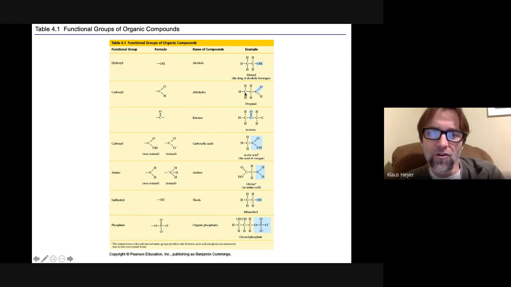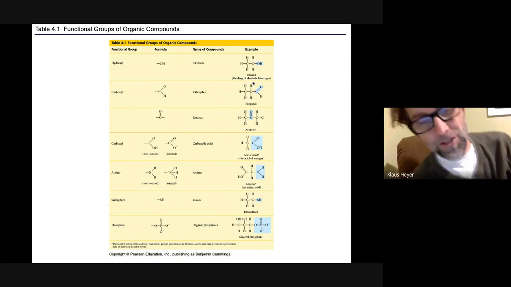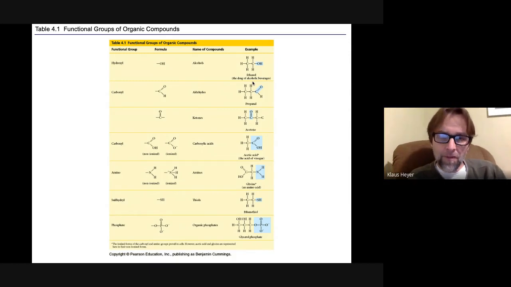It's just a hydrocarbon, that's all it is. And we're doing different things to it to give it different properties. I want you to know these, especially the first four functional groups, because we use the first four. Well, actually, we use all of these a lot, so I'd like you to know all of them.